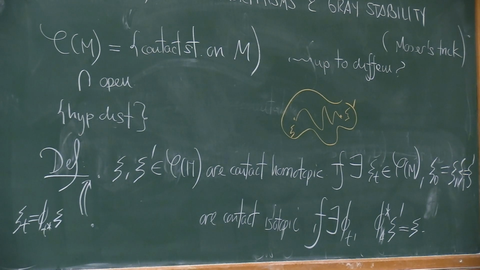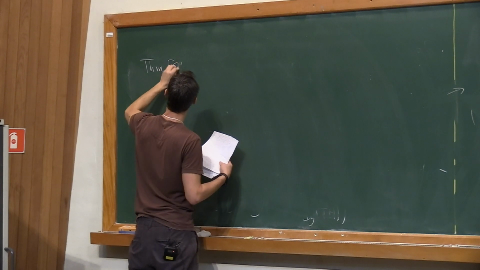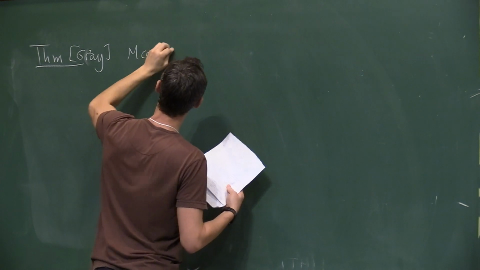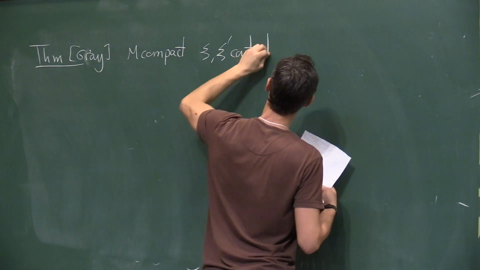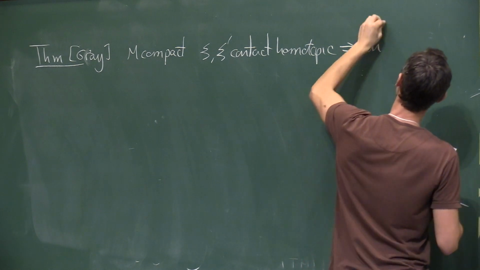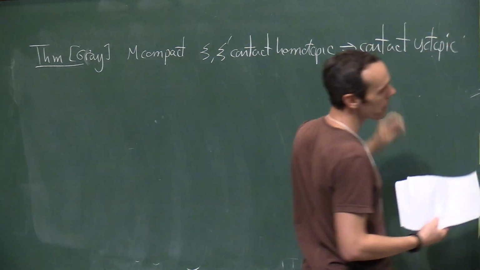Okay, so let me write that. This is a theorem of Gray that says that for M compact, psi and psi prime contact homotopic imply contact isotopic.